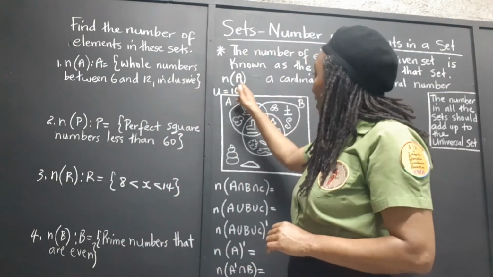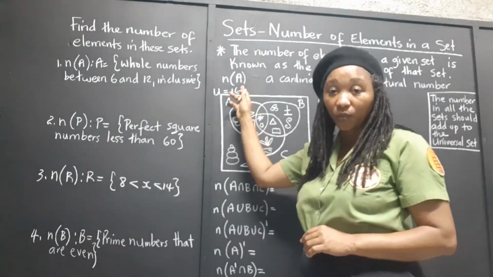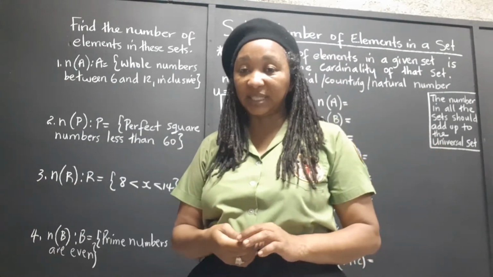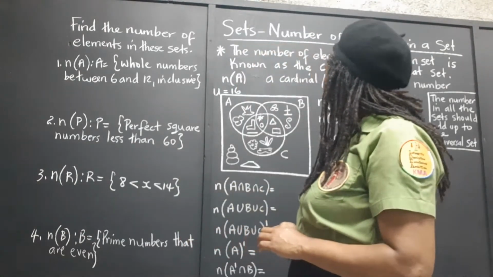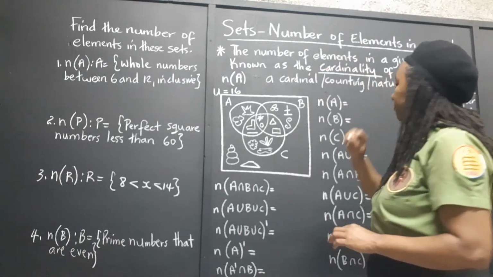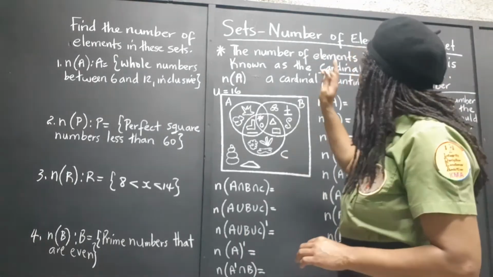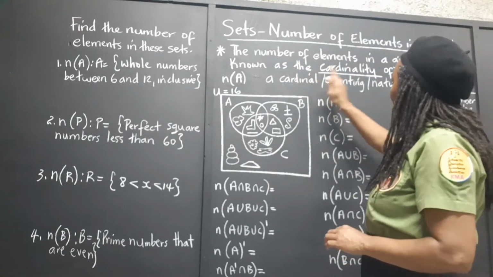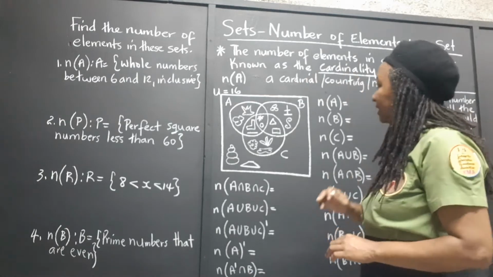So the number in set A, we would count how many elements are in set A. And that is known as the cardinality of the set. So the number of elements in a given set is known as the cardinality of that set.